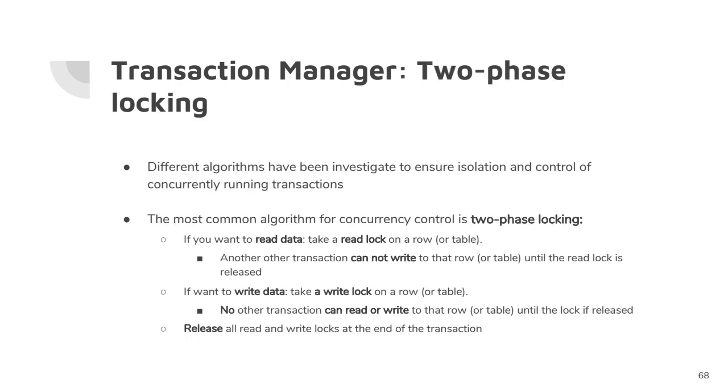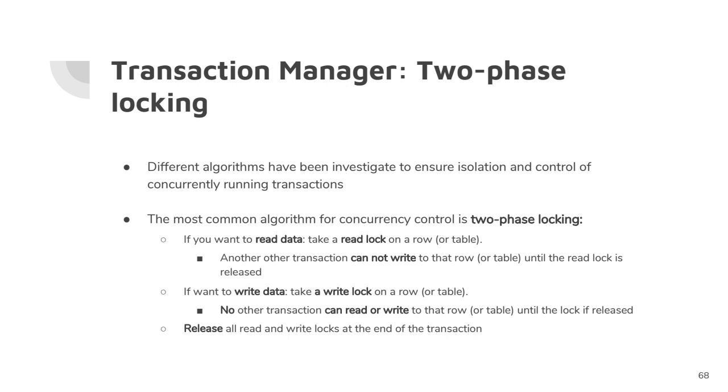The transaction manager also uses an algorithm, two-phase locking. In essence, it's a very simple algorithm, and it ensures isolation. That means that if you have concurrent transactions, it seems like they are run sequentially.